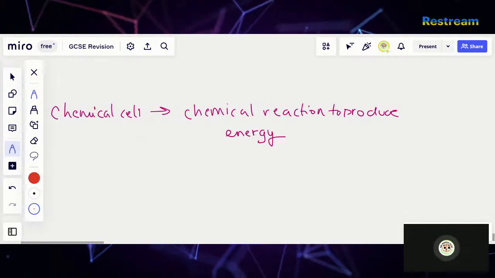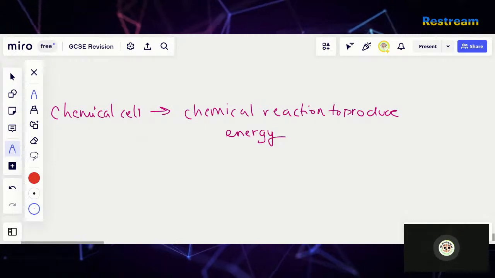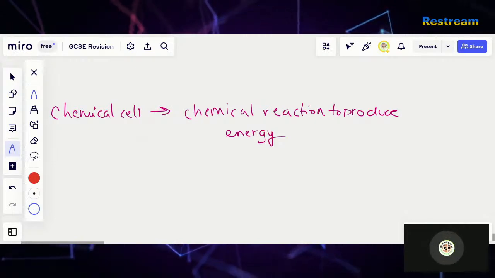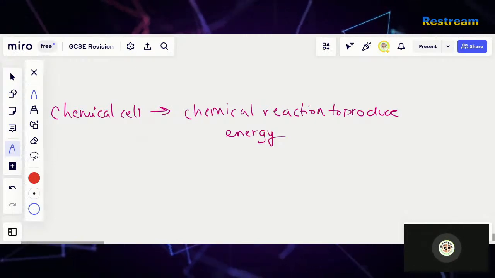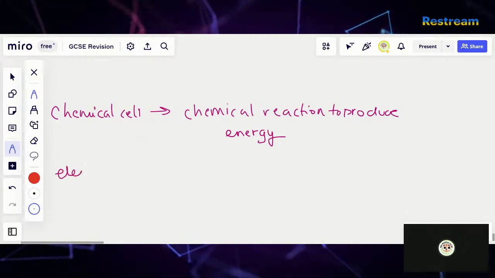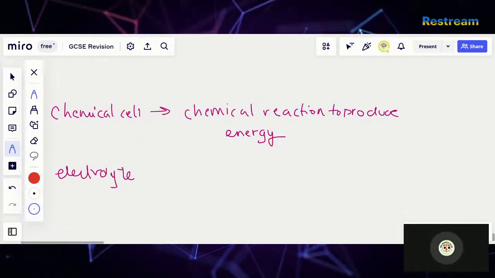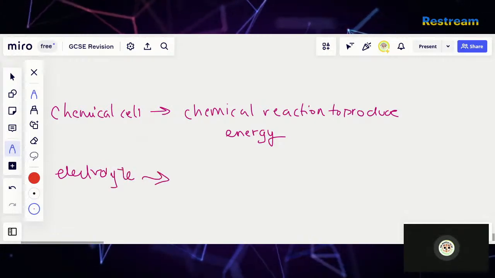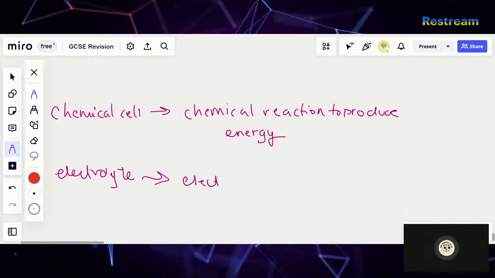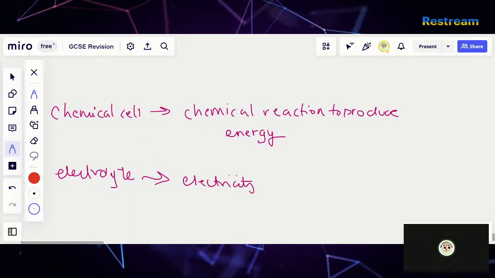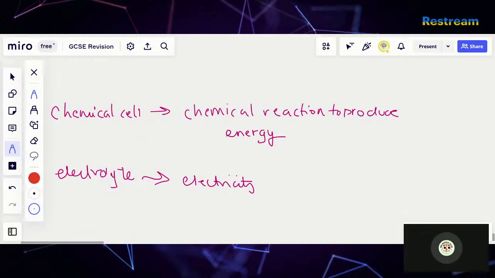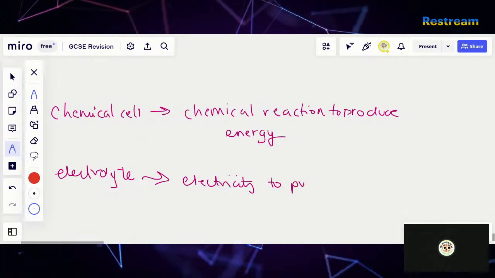A chemical cell, also known as a fuel cell, so things like the reaction of hydrogen and oxygen, uses the chemical reaction to then produce energy. Now an electrolyte actually is very much the opposite. So an electrolyte uses electricity to produce a chemical reaction.